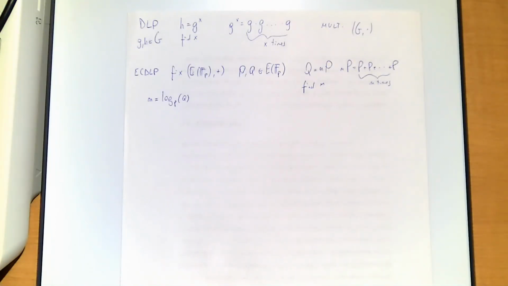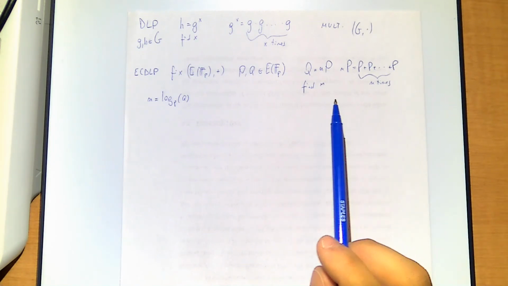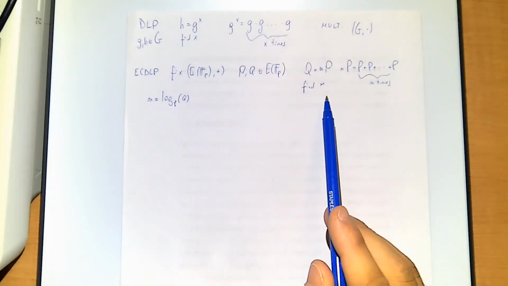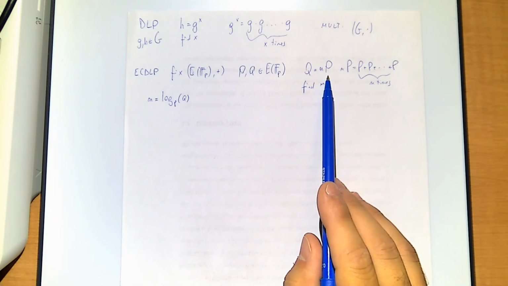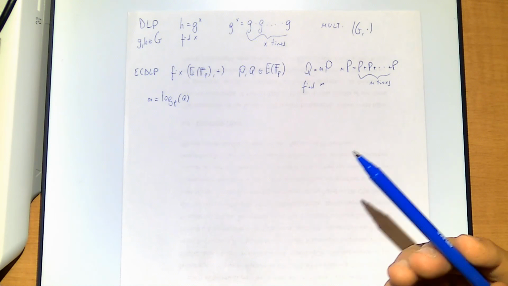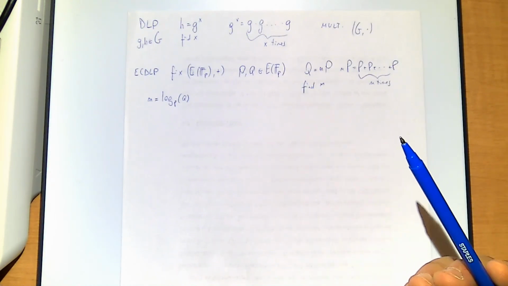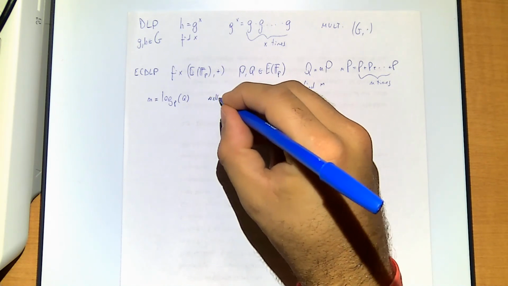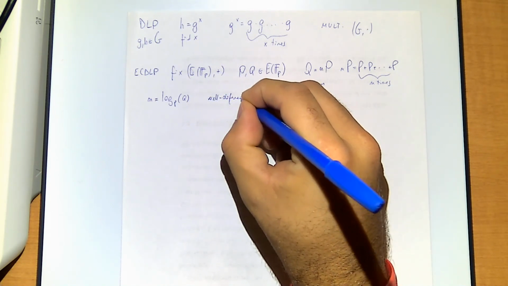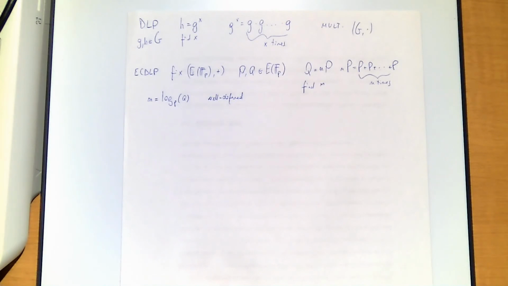The first thing to consider is that in cryptographic instances, this n is exactly my secret. P is a public point, and I choose a random multiple of it, and then I publish Q. So it is well defined, not in general, but for our purposes it is.